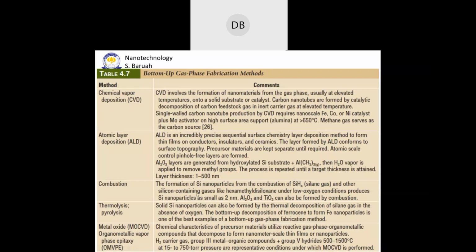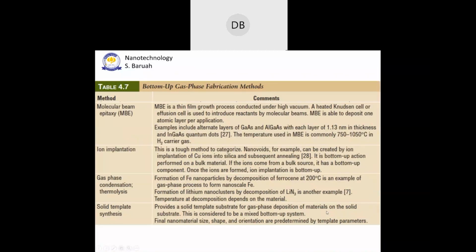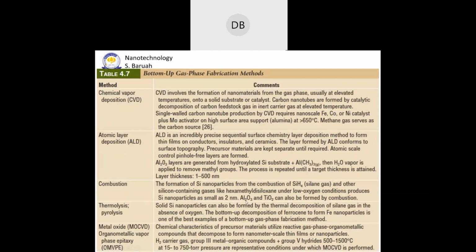The particles you get can be extremely small, even 2 nanometers in diameter. Similarly, you can have alumina particles, aluminium oxide, or titanium dioxide. These can be formed by combustion. Basically they are metal oxides. Aluminum is a metal, plus oxygen, so oxides. Titanium oxide too can be formed by combustion.